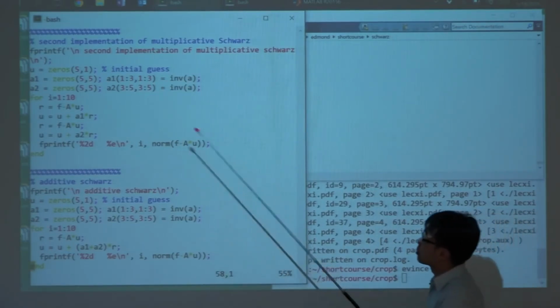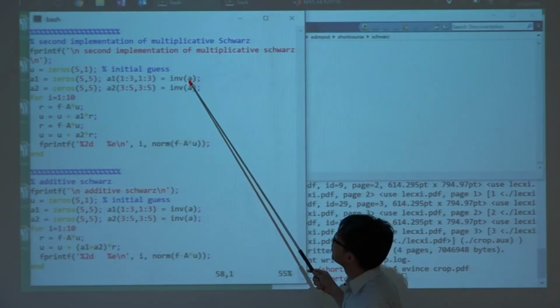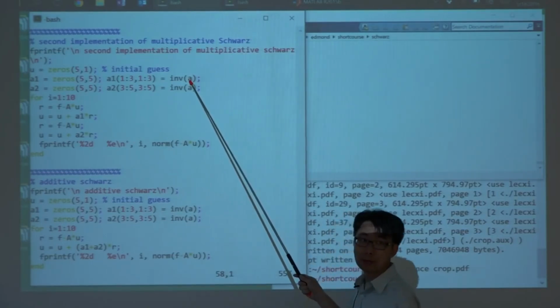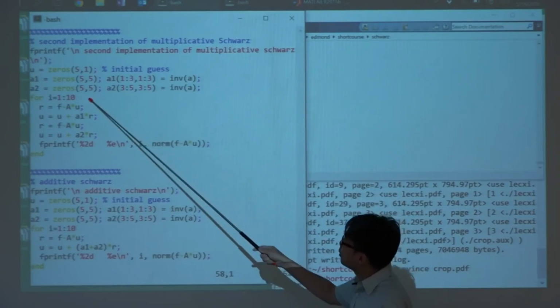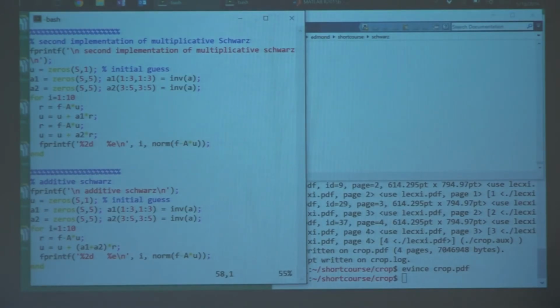So it's a 0 matrix except for the 3x3 block in the top left corner, that's the inverse of A, which is that 3x3 matrix. And then A2, which is a 0 matrix except in the lower right corner, the 3x3 matrix, which is the inverse of A as well.